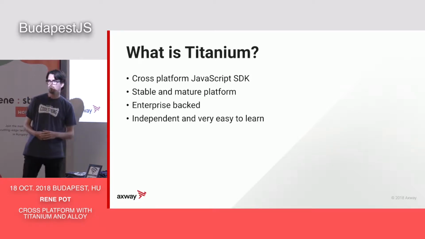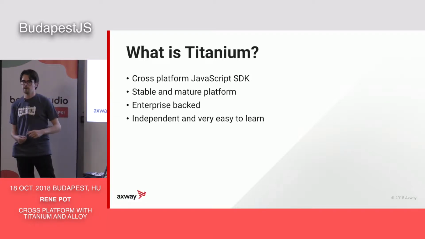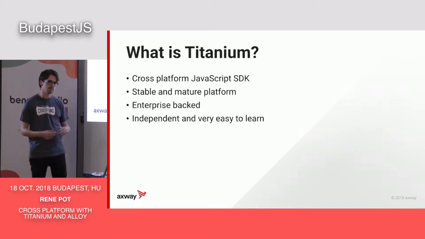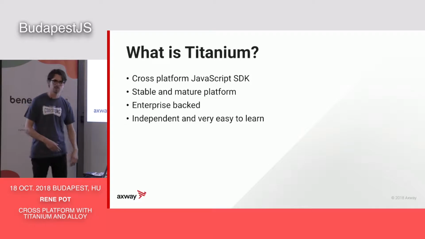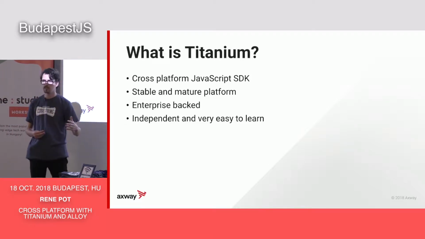But Titanium is also enterprise backed. That means that there's X-Way, the company I work for now. X-Way is a really big company all over the world. And they bought Accelerator a couple of years ago, and they are starting to funnel in money to fund this platform. That being said, it's completely open source.